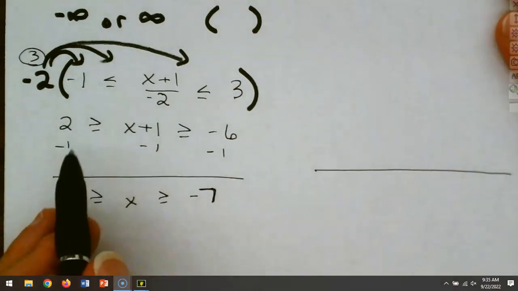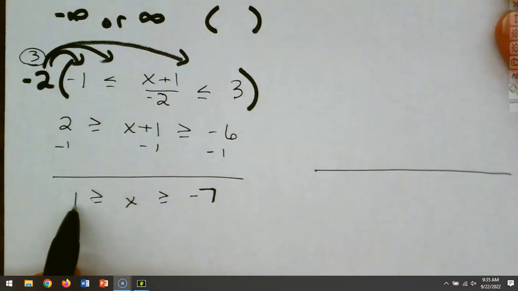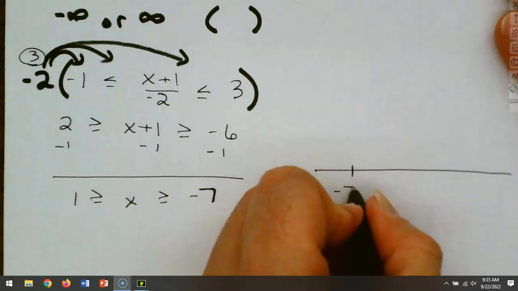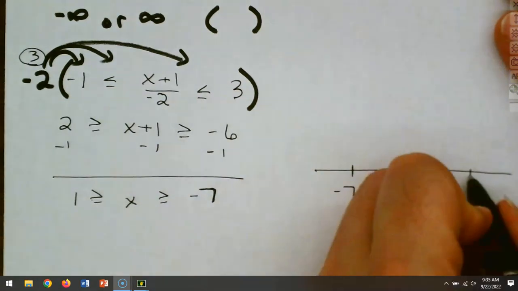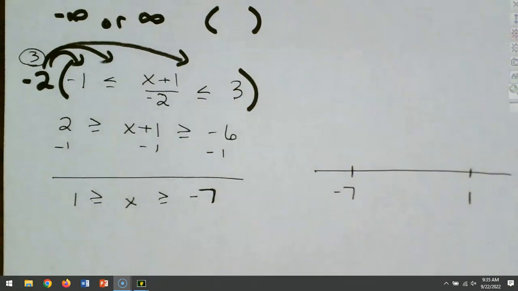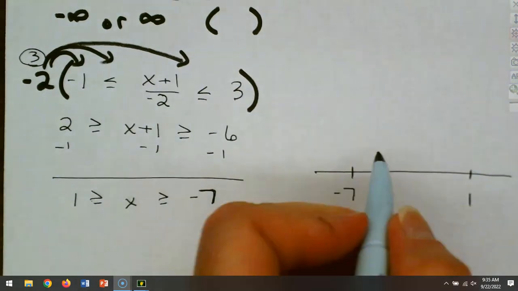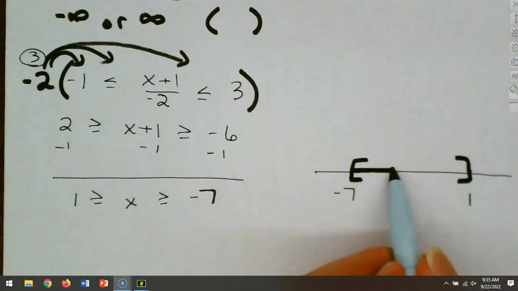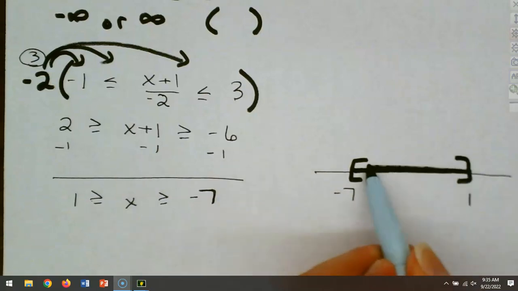Remember, the negative numbers are on the left, so negative 7 is there. Larger positive numbers are on the right, so that 1 is there. These are both going to get square brackets. And my answer is right here in the middle.